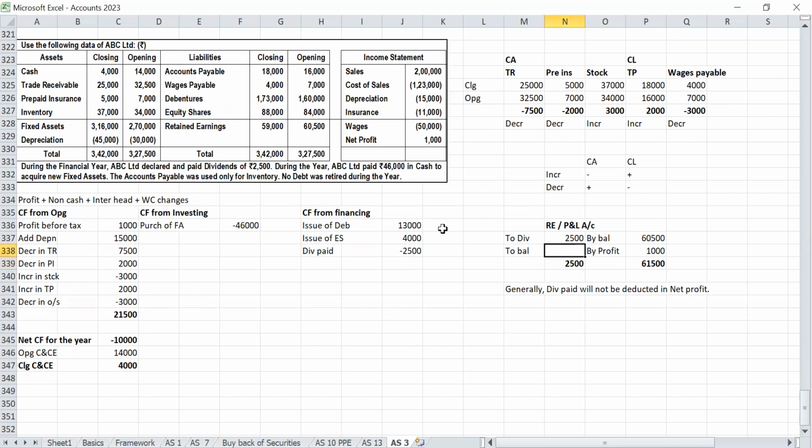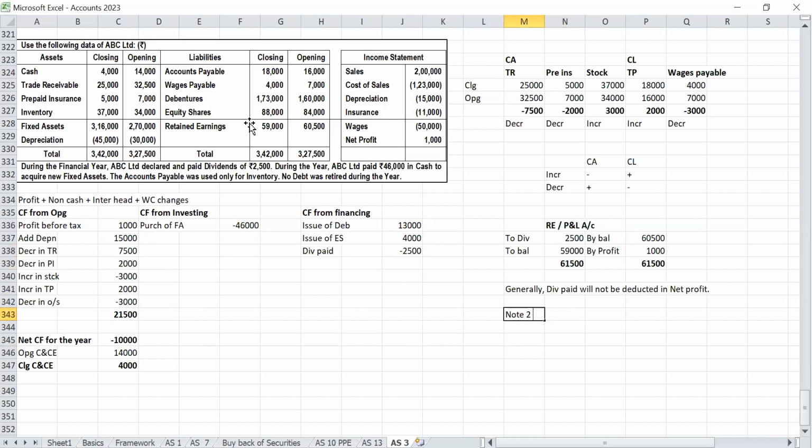So, to balance, what is the balance? 59,000. That's what happened in retained earnings: 60,500 changed to 59,000. How did the change happen? Opening balance plus profit minus dividend. Or you can also prepare a statement like this.